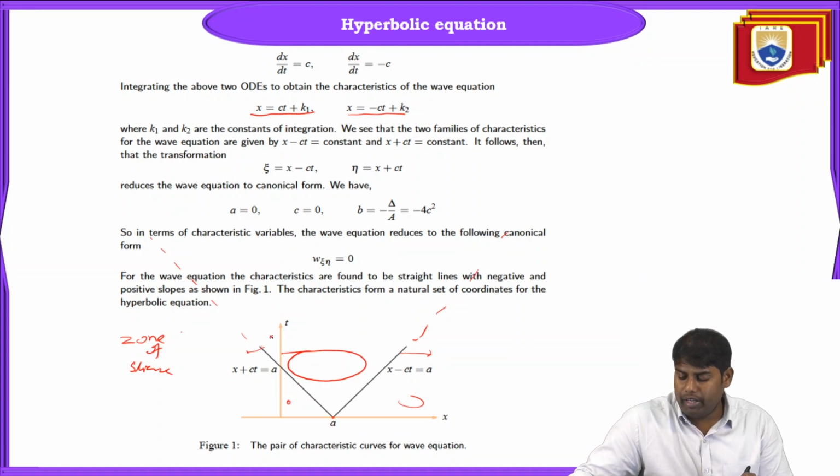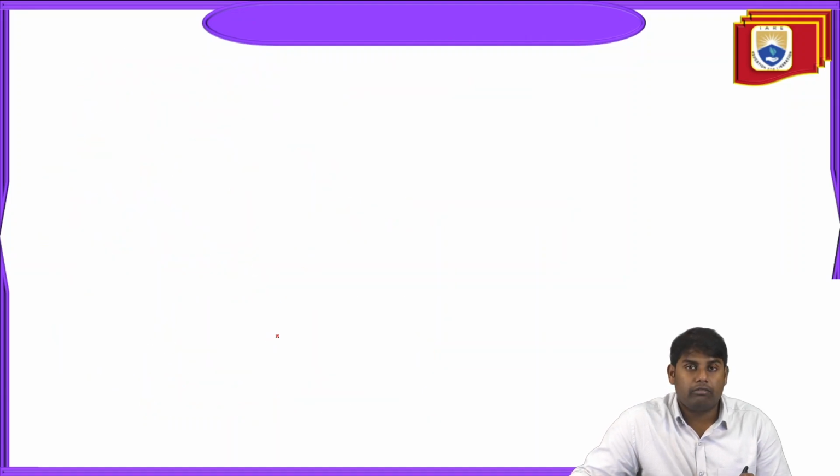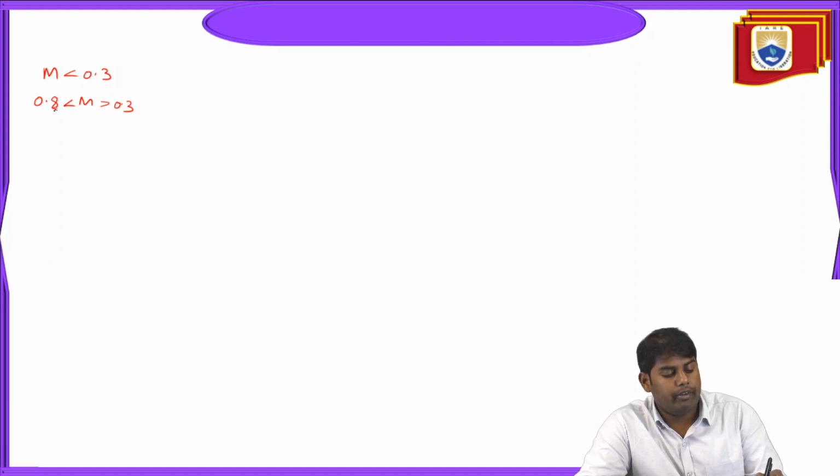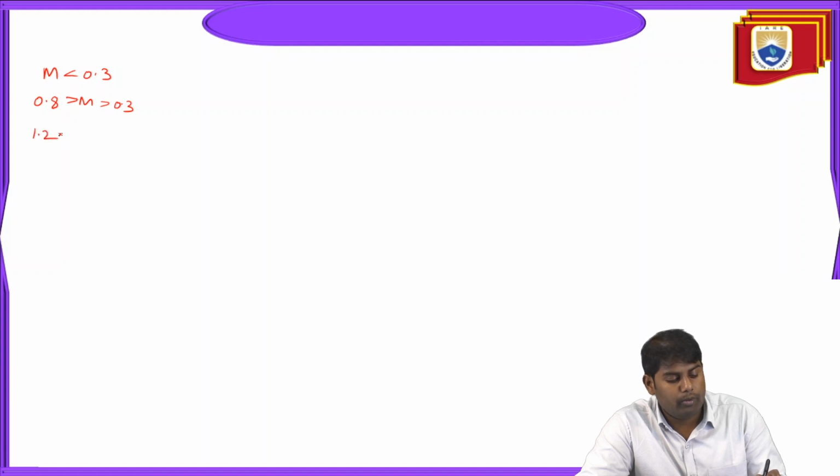Which example did we relate this to? We have certain cases where we have taken the Mach number less than 0.3, in between 0.3 and 0.8, in between 0.8 and 1.2, and Mach number greater than 5.